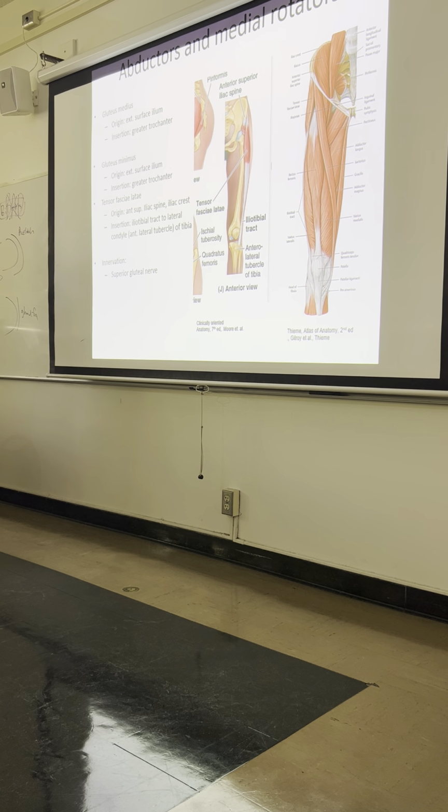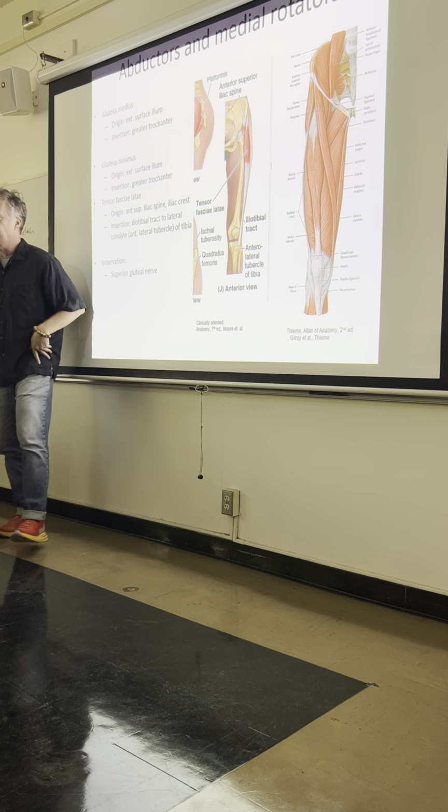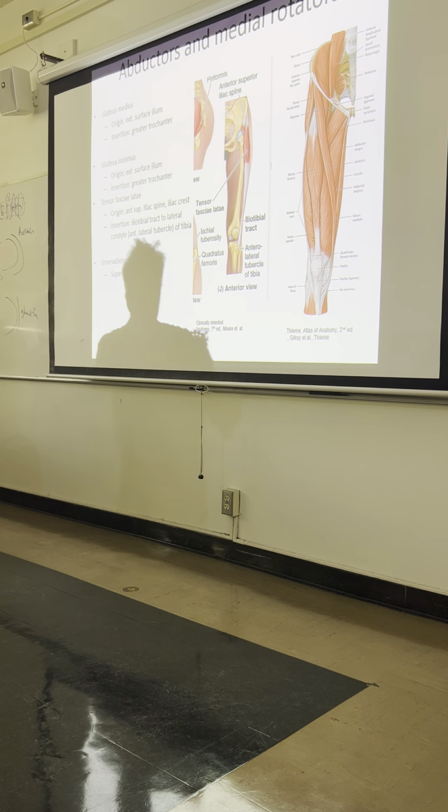Here too, glute medius and glute minimus: their function depends on whether the lower limb is planted on the ground or not. If it's not planted on the ground, glute medius and minimus are going to abduct the lower limb. If it's planted on the ground, instead it's going to stabilize your pelvis. So that when we walk, right, if you look at my pelvis when I walk, it looks pretty stable, pretty horizontal.